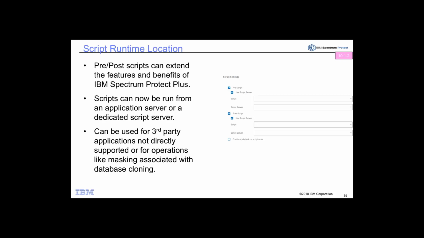In a lot of cases, this is used to maybe quiesce the database for a particular backup, or perhaps to do some masking for a database clone or a database restore. And this is just a convenience feature that lets you store the scripts on a central server, so you can have everything all in one place together and update it all in one place.